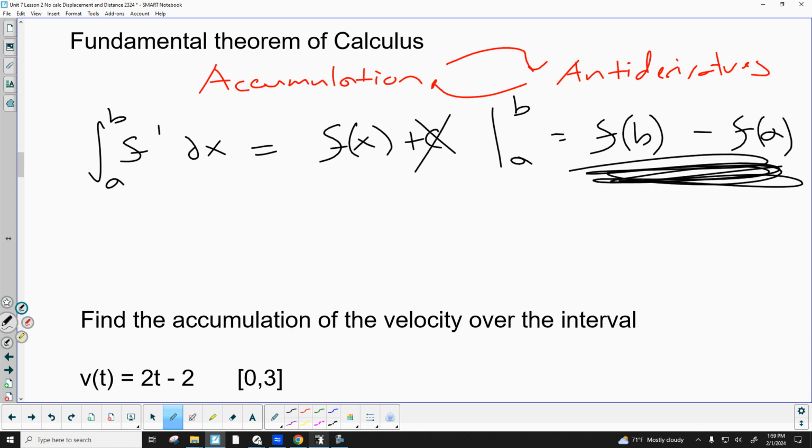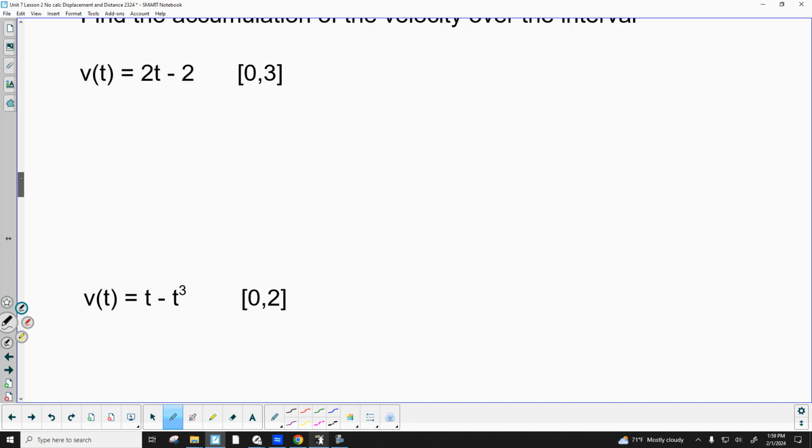And the change in your antiderivative is equal to the accumulation of your derivative. This might not make sense to you, whatever, skip it. Just write down accumulation, you can use an antiderivative. That's why the symbol in your calculator is an integral. Let me show you how we're going to do it so that it makes sense. And then in the future, maybe we'll skip a couple steps.